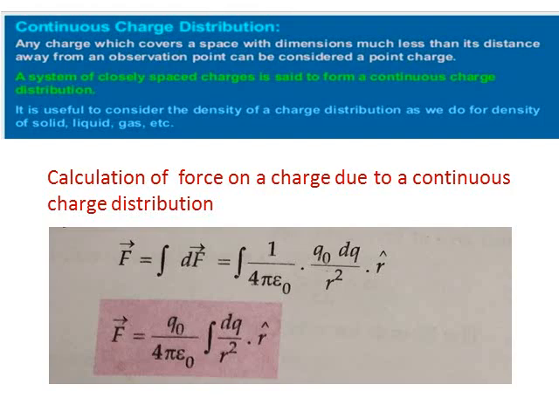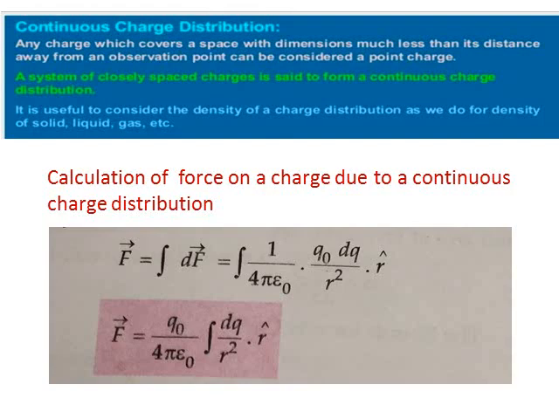And according to Coulomb's law, you know that the force on a point charge Q0 due to small charge dq will be given by dF equals 1 by 4 pi epsilon naught Q0 into dq upon r square.